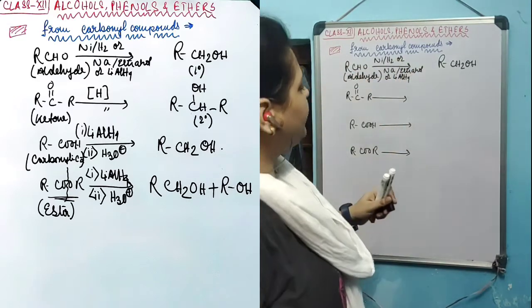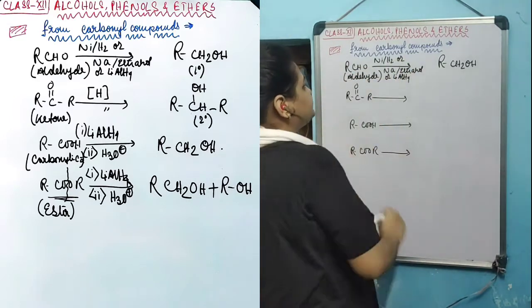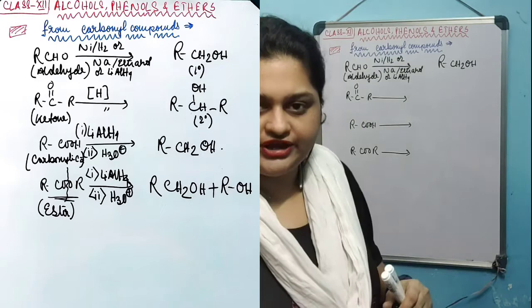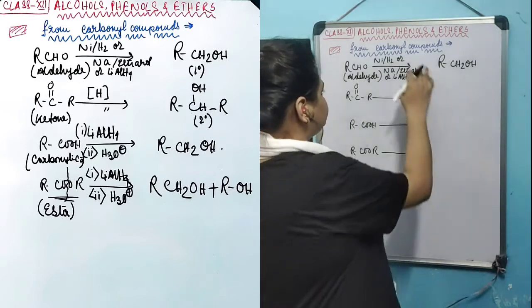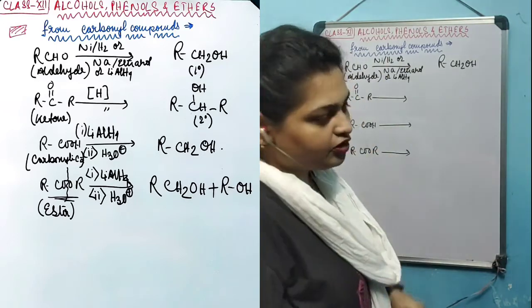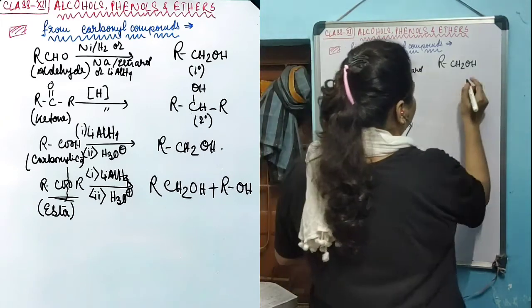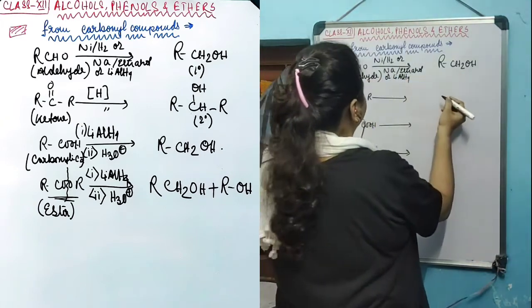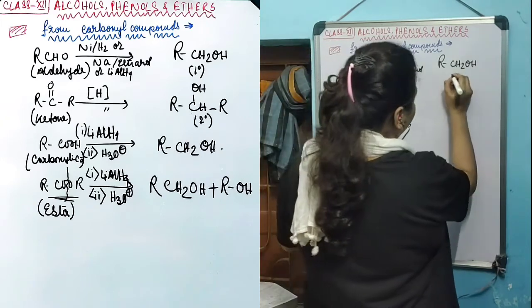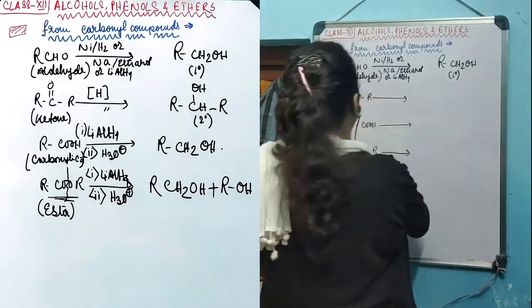This is the reaction that happens when an aldehyde group is subjected to reduction. With the help of this reducing agent, the corresponding alcohol is formed. The corresponding alcohol formed from the reduction of an aldehyde is always a 1 degree alcohol.